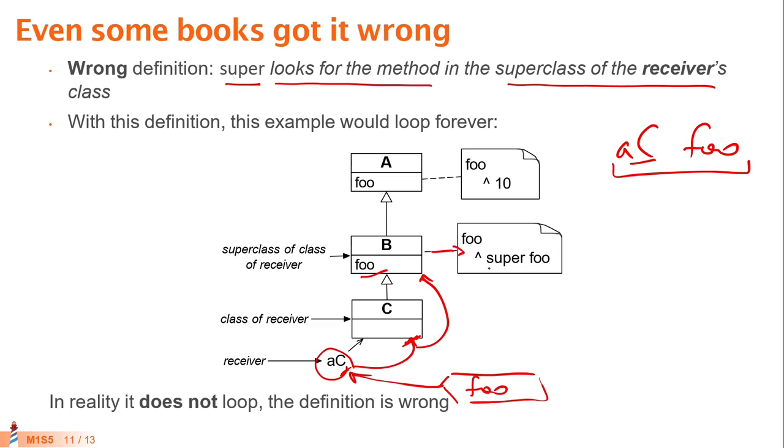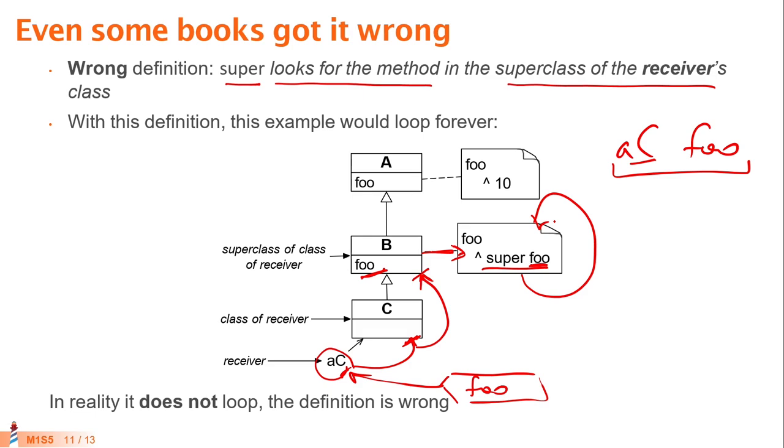This definition of foo will do super foo. If we use the definition that we saw before, super foo should take the receiver, which is a C, take its class and then its superclass, and restart the method lookup from there. So it will start to look for foo from B. Starting from B, we'll find the same method foo as before, and it will execute the same method foo again. So this will loop like this.